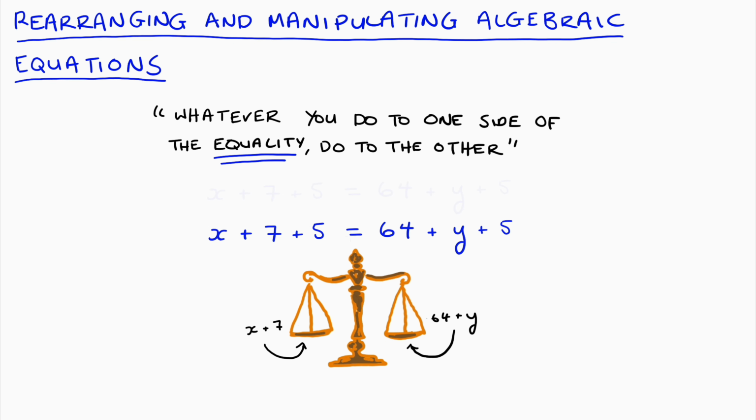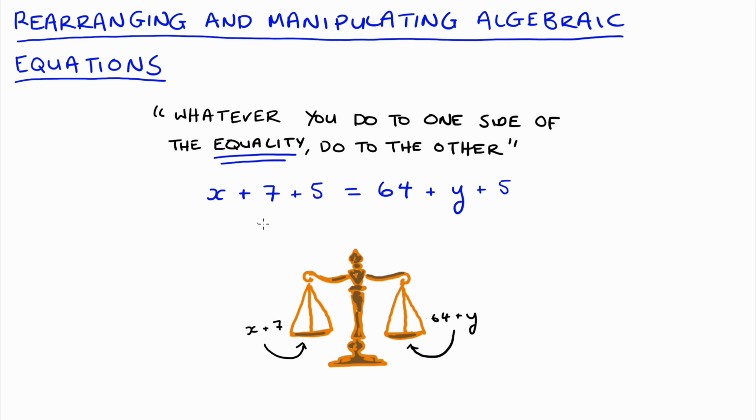Adding those terms up, x plus 12 is equal to 69 plus y. We have created a new equation, but it's completely legitimate because we've been careful to operate on both sides and preserve that equality.